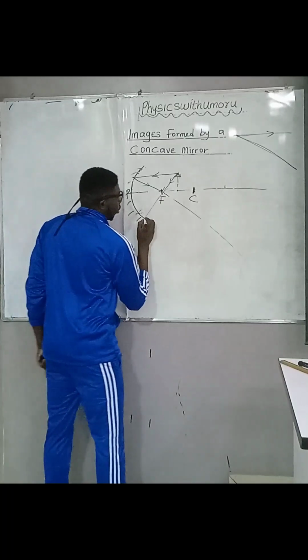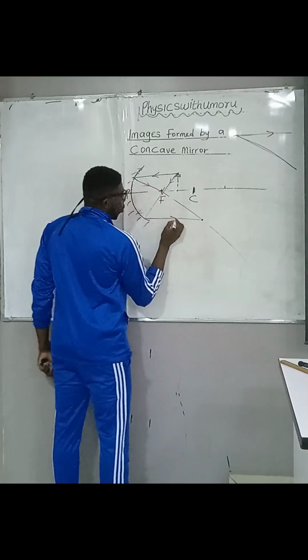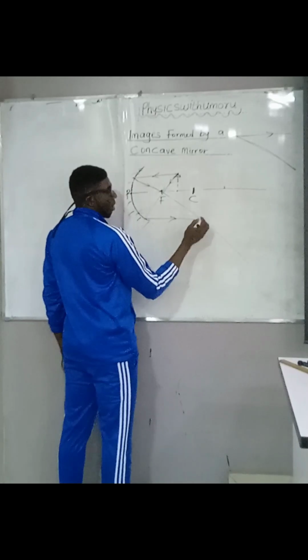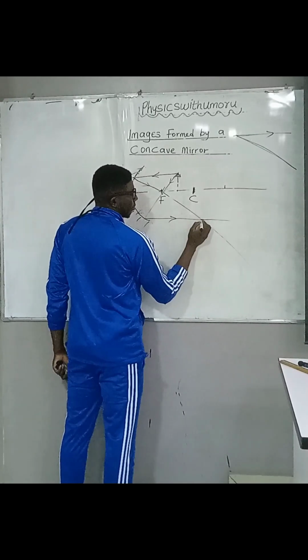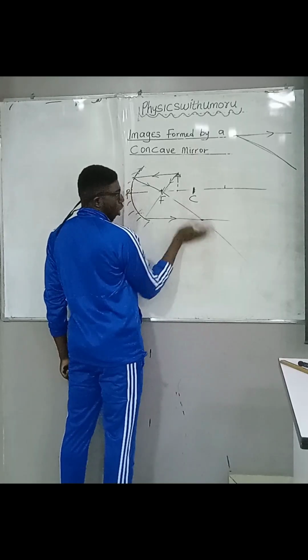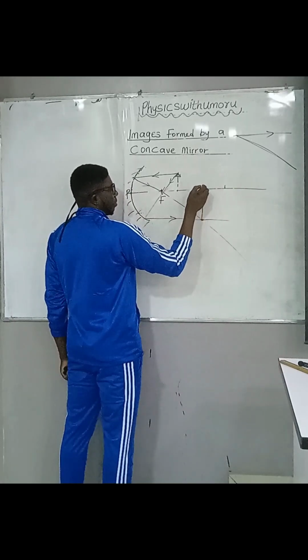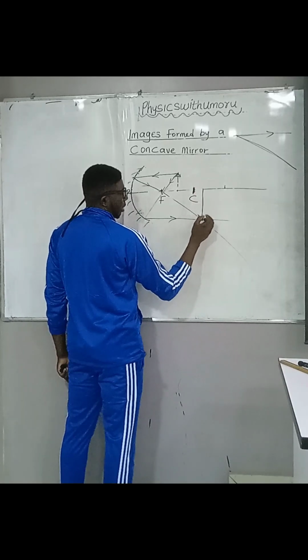So it's going to return parallel, and we are going to have the two reflected rays meeting here. So if I'm to extend this, remember that they met at this point here, which is under the line. So I will draw this line to represent the image. So it's going to be inverted.